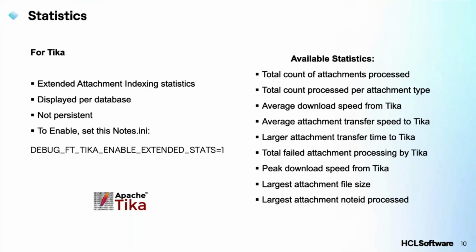That is a setting per database and not persistent. However, when enabling this, you can see what's the average transfer speed of an attachment to the Tika engine and back. And you basically get to know a little bit more about the specific application and how it interacts with Tika.